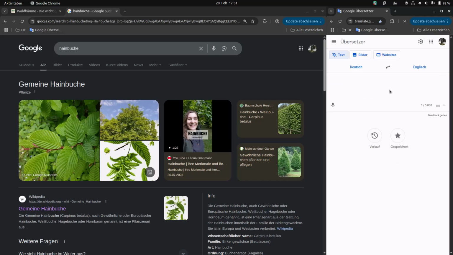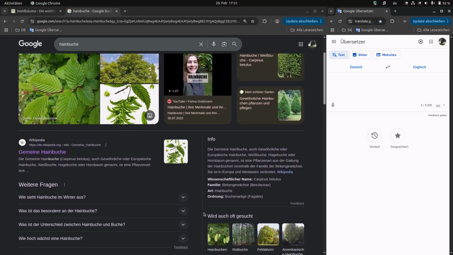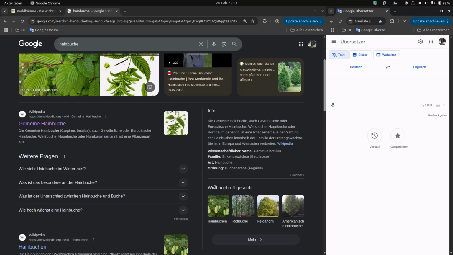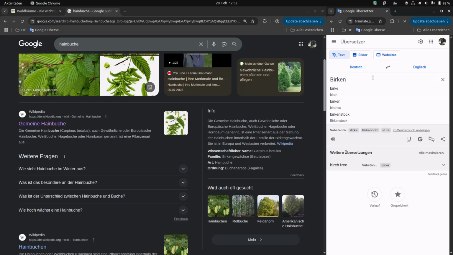In terms of the English language it's not a real beech, but in German it's called Hainbuche, so Hain beech basically. I think it derives from Birkengewächse, something growing within the birch family, so it's related to the birches, in German Birke, or Birken in plural.